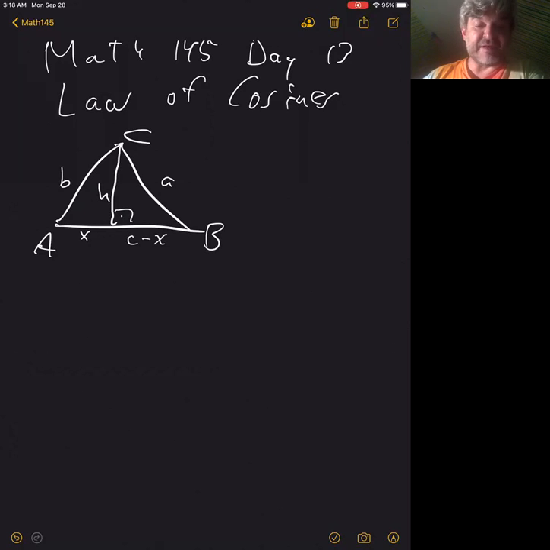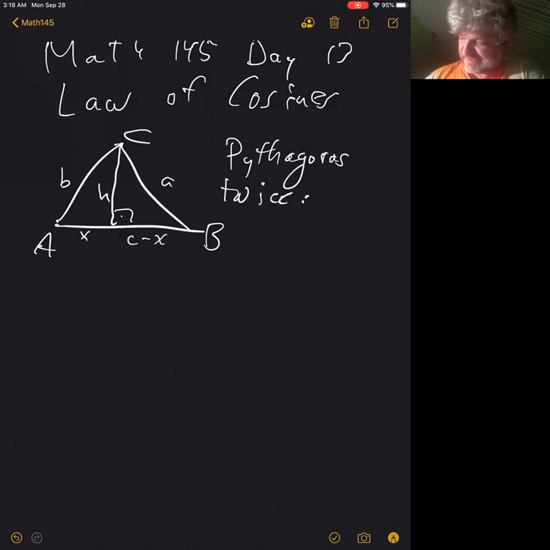Okay, and then we apply Pythagoras twice. So what we have is a squared is h squared plus (c minus x) quantity squared.